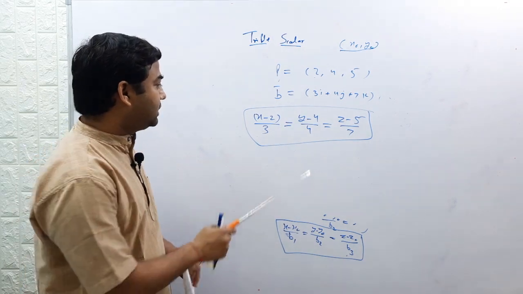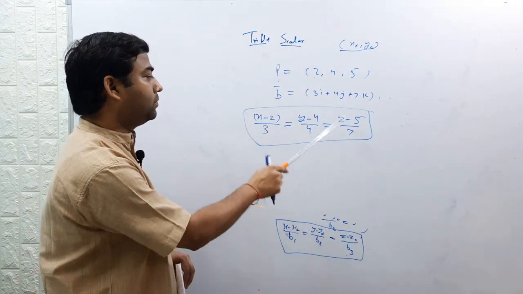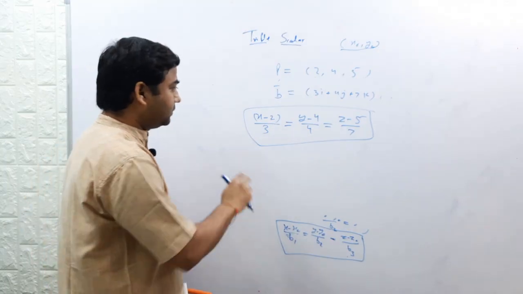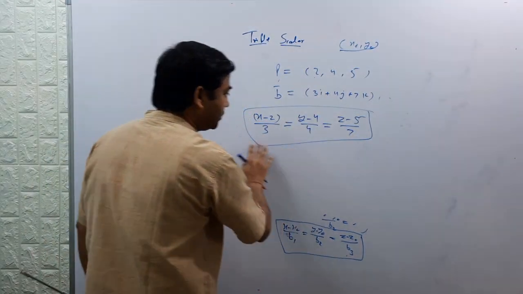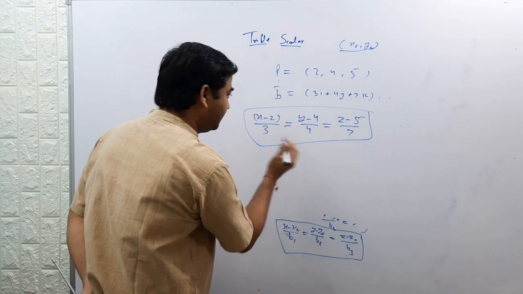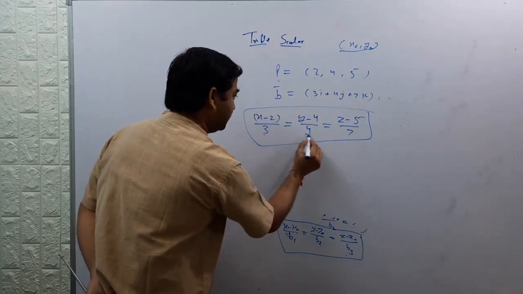If the equation of a line is given in this form, you can easily find 3, 4, 7.